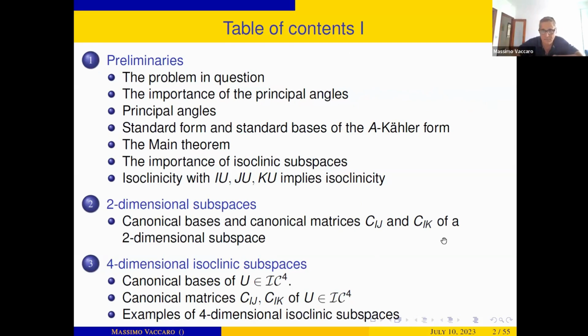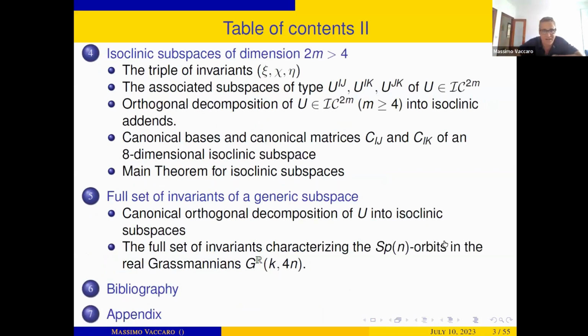Another new result is in point 5, the full sets of invariants of a generic subspace, where I define this canonical orthogonal decomposition of a generic subspace U into isoclinic subspaces, to reach the end of the story, which is the next point: the full sets of invariants characterizing the Sp(n) orbits in the real Grassmannian.